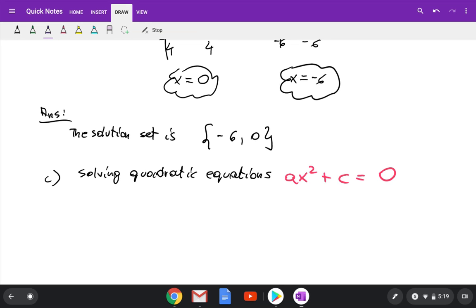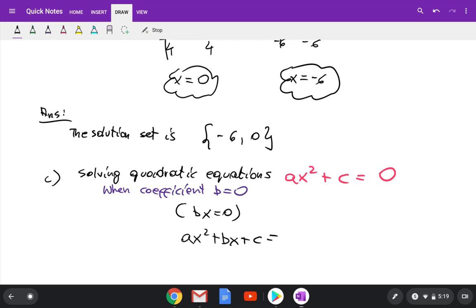So solving quadratic equations when coefficient b is equal 0. Since coefficient b is equal 0, that means that bx equals 0 from the quadratic equation. So this is the original quadratic equation. B is equal 0. That means bx will be equal 0. So we'll have simplest form. That's how our equation will look like. Just ax squared plus c equals 0.